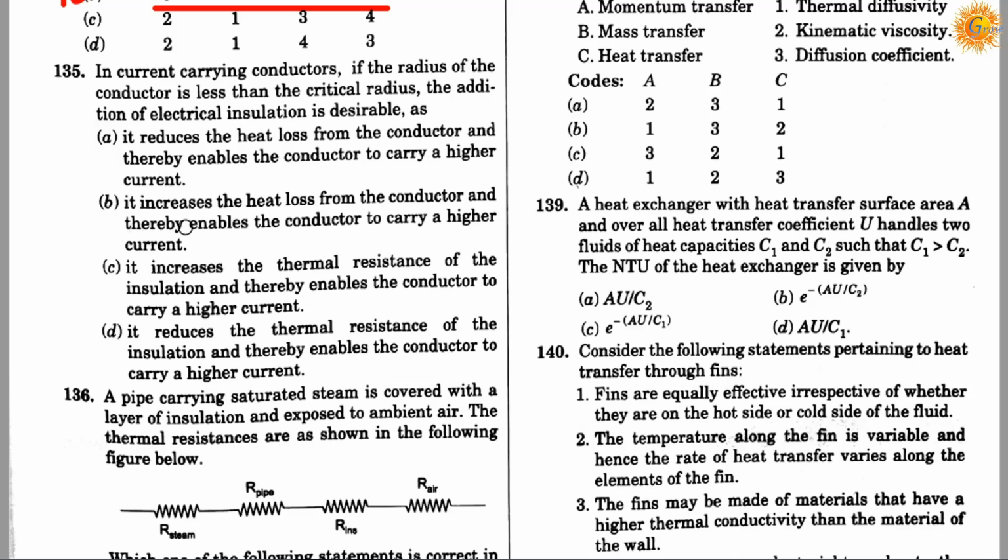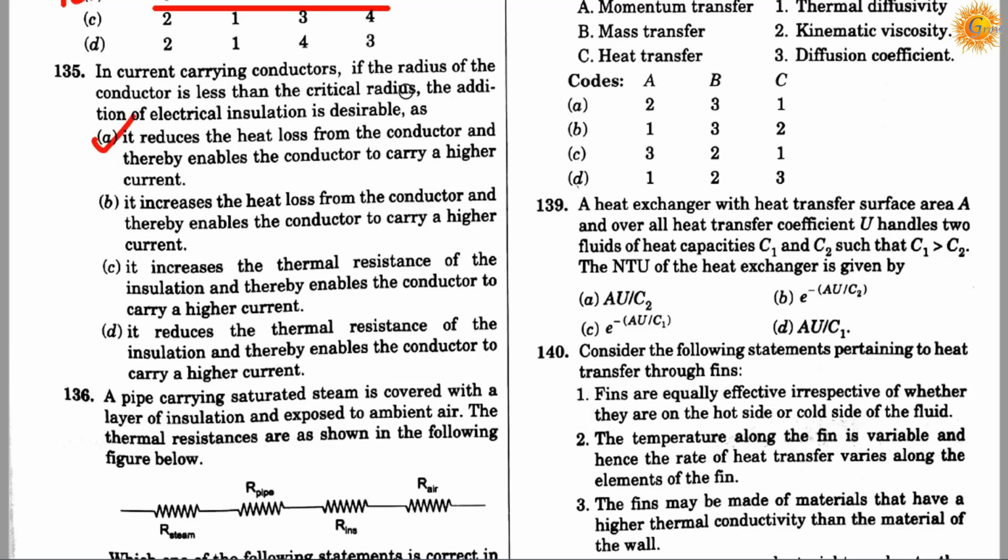Option B, it increases the heat loss from the conductor and thereby enables the conductor to carry a high current. Option C, it increases the thermal resistance of the insulation and thereby enables the conductor to carry a high current. Option D, it reduces the thermal resistance of the insulation and thereby enables the conductor to carry a high current. So the correct answer is A.